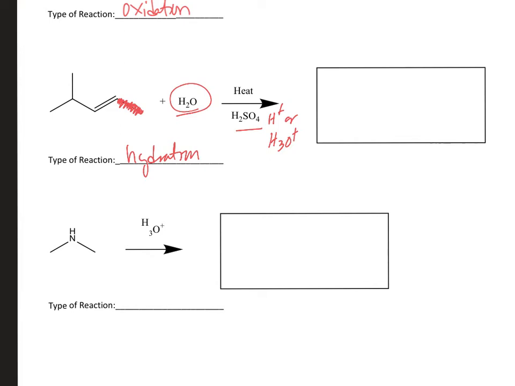Remember, there's this thing called Markovnikov's rule. Long and short of it is the OH goes to the most substituted carbon, the carbon that has the most bonds to other carbons. That's the easiest way to do it.